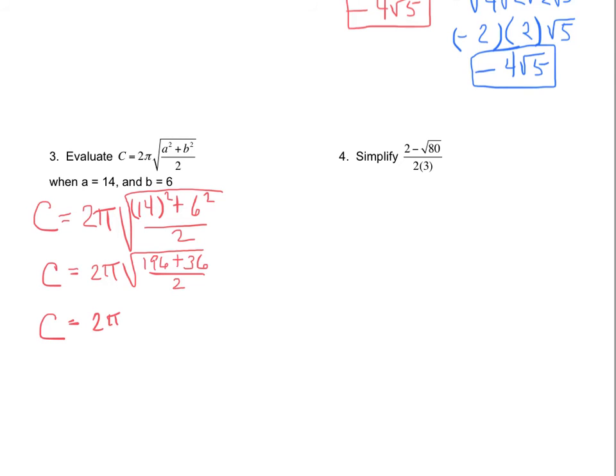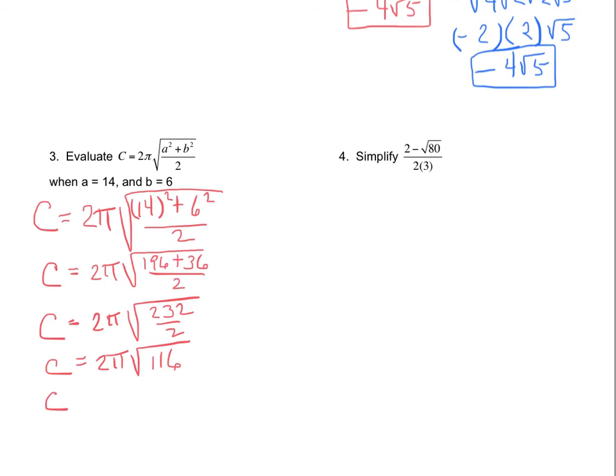2 pi, we get 232 divided by 2. And we're kind of getting there. I'm going to get 116. Now from this point we want to simplify a little bit further. When I start thinking about numbers that go into 116, again, I think about a number like the number 4. 4 will go into 120 30 times.